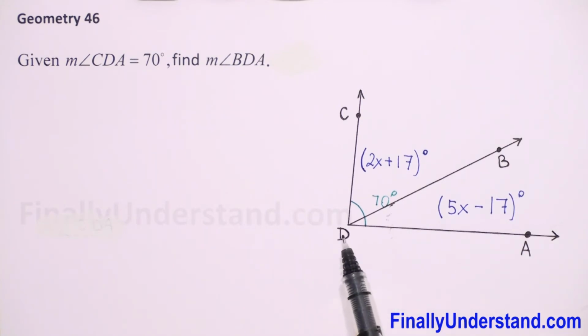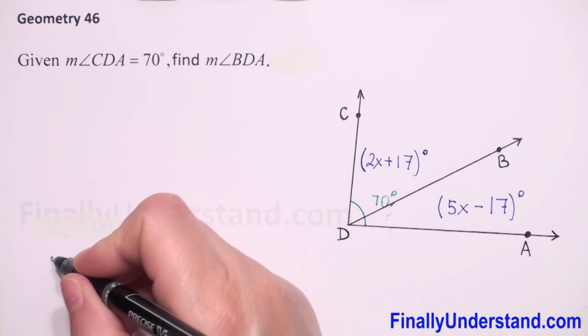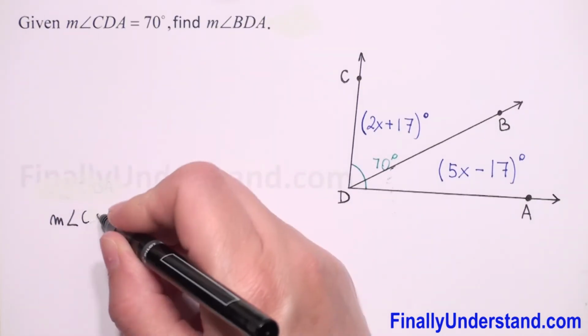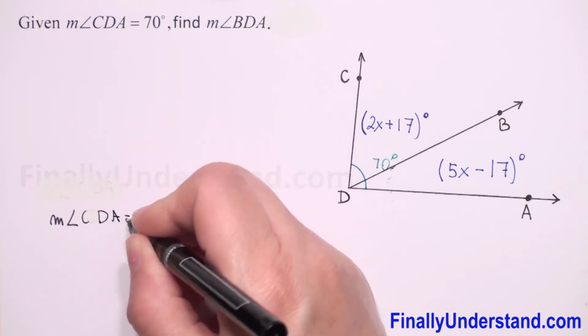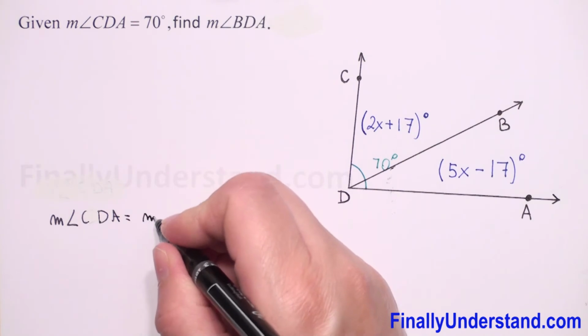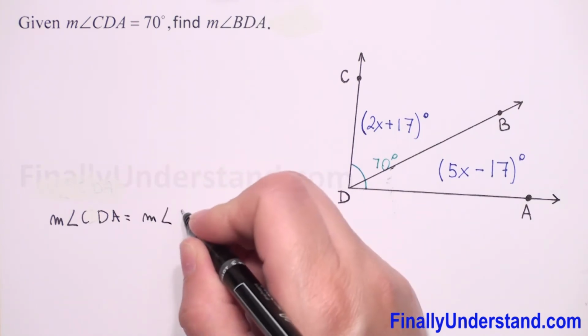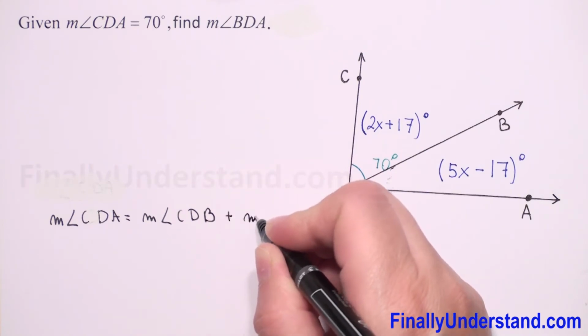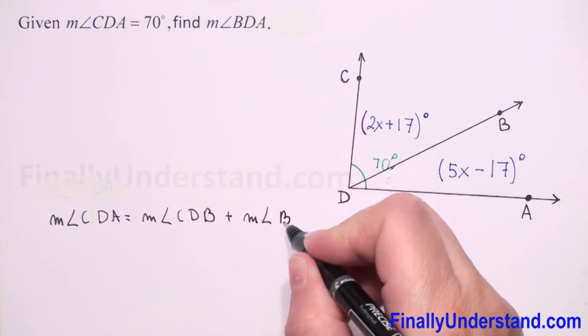D is the vertex of our angle. So we have that the measure of angle CDA is equal to the sum of the measure of angle CDB plus the measure of angle BDA.